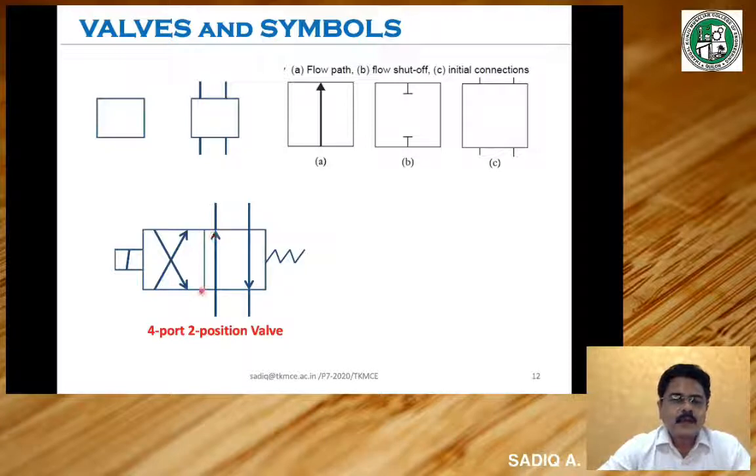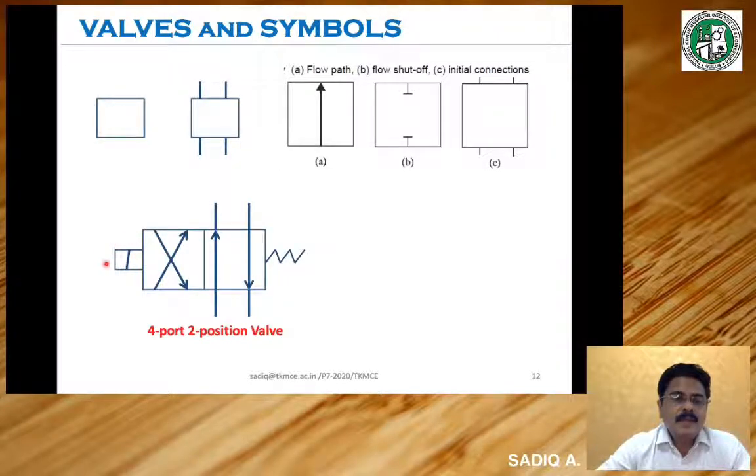It has one more rectangle attached to the previous one. That means there is a second status also for the valve. That means this particular valve altogether can have 4 ports and 2 positions possible. In one position there is flow in this direction and this direction, and in another position the flow will be from here to here in this direction and from here to here in this direction.